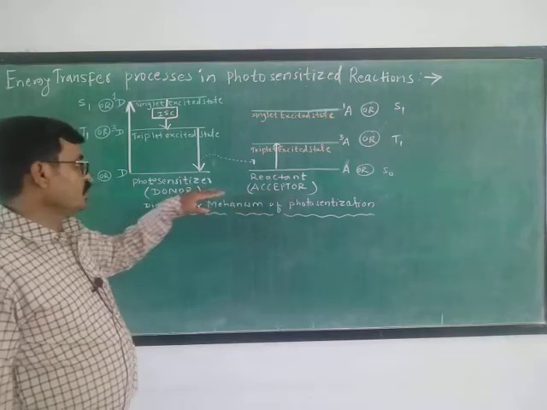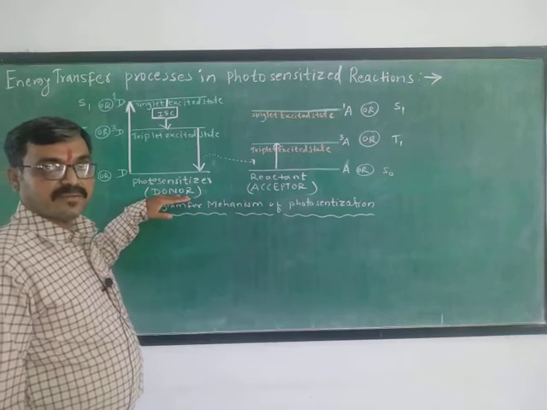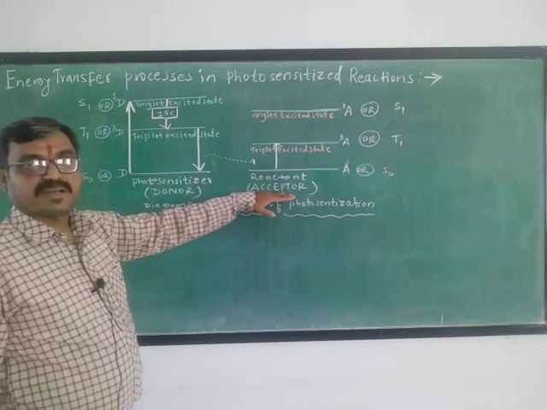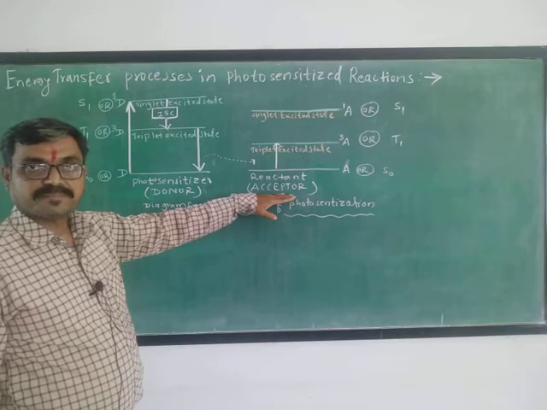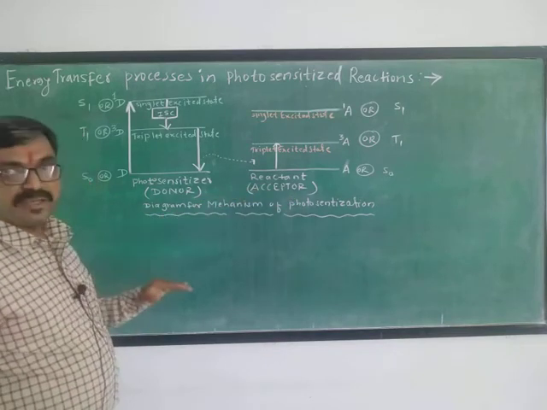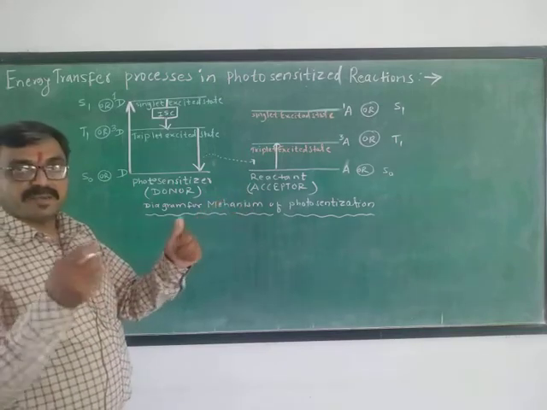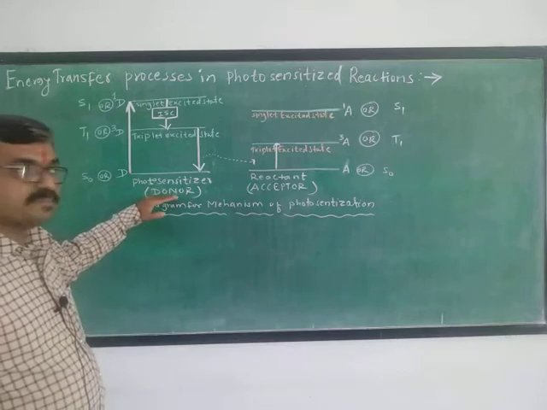You know, donor means the photosensitizer, the externally added foreign third substance, and acceptor means the reacting molecule in a photochemical reaction. Initially, when light is incident, the acceptor is unable to absorb it, that's why the donor absorbs.